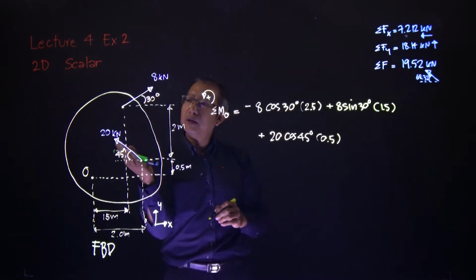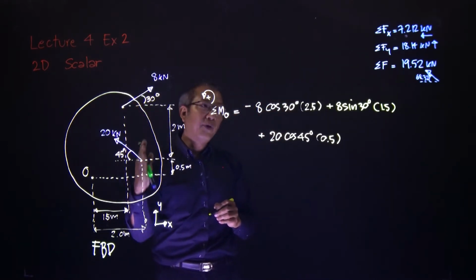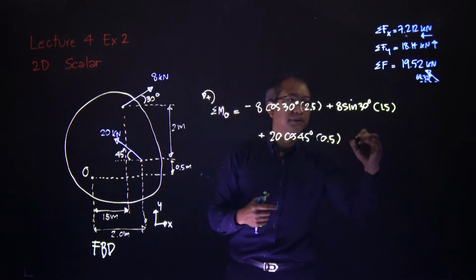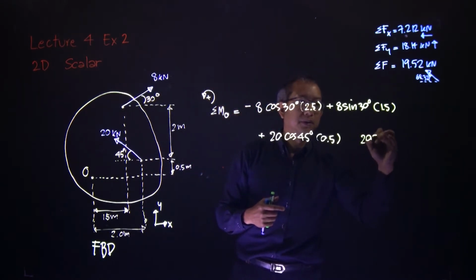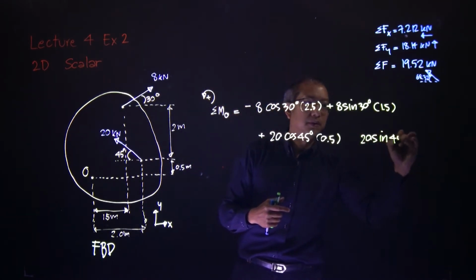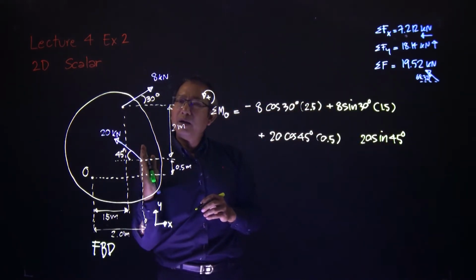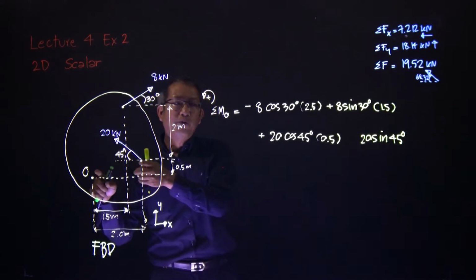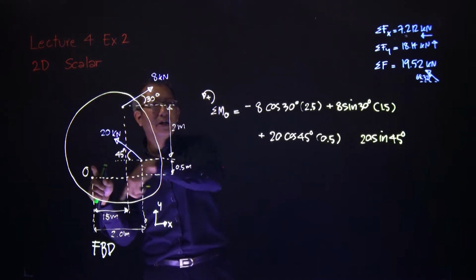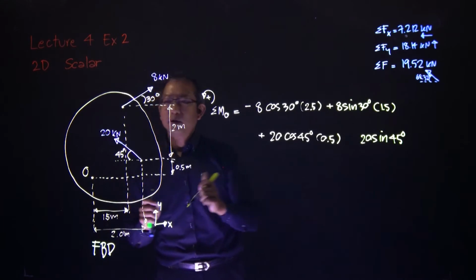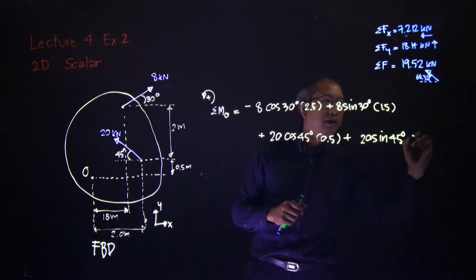Then the last one is 20 sine 45 degrees, vertically. This 20 sine is pushing upwards, therefore it rotates anti-clockwise again. The distance is 2, so plus, then times 2.